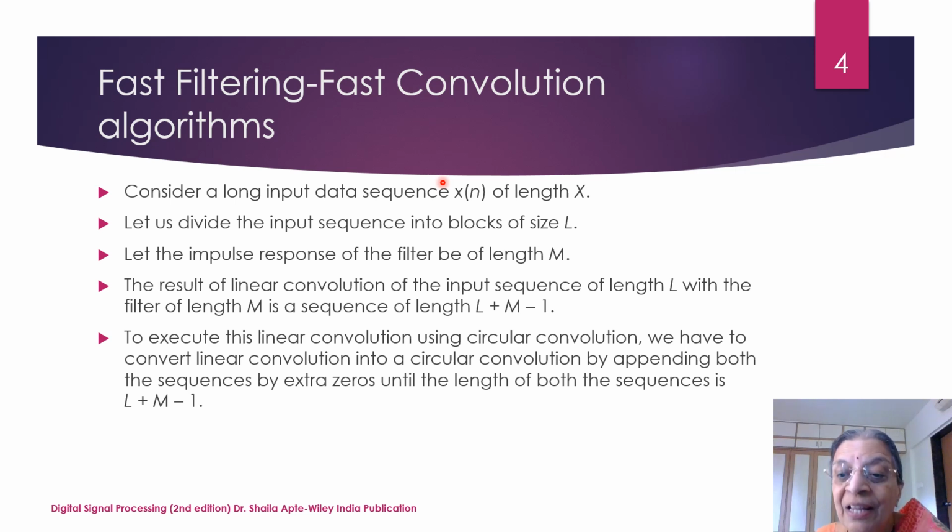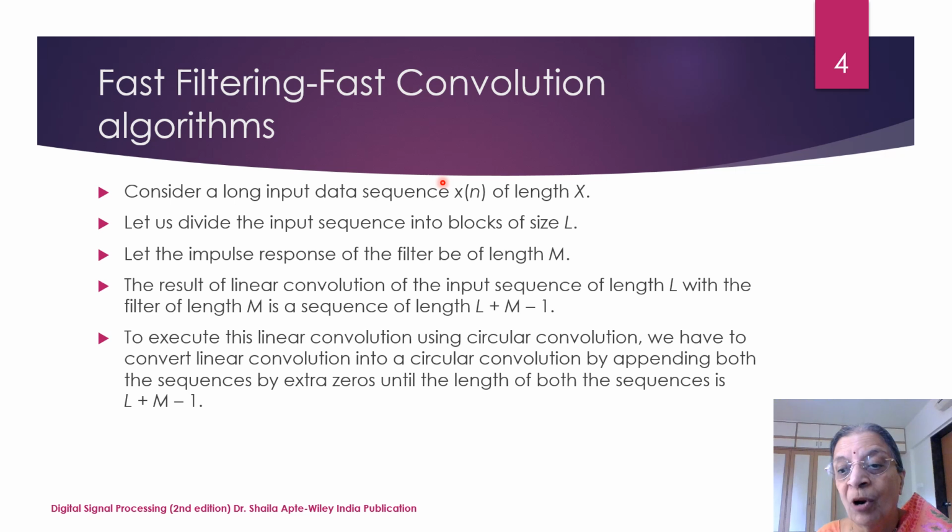And we have seen when we studied DFT that the number of DFT coefficients we are using will have to be greater than or equal to the number of actual samples in the signal. Otherwise, there will be what is called aliasing.